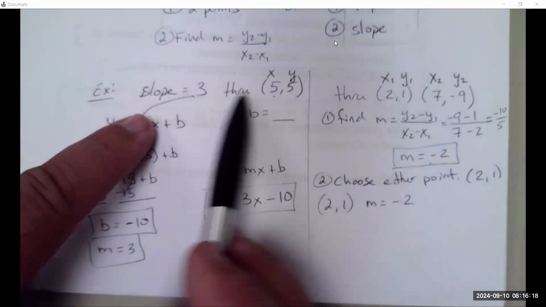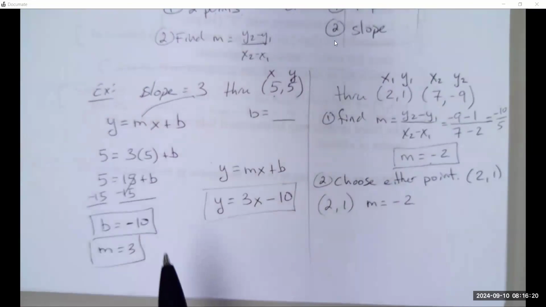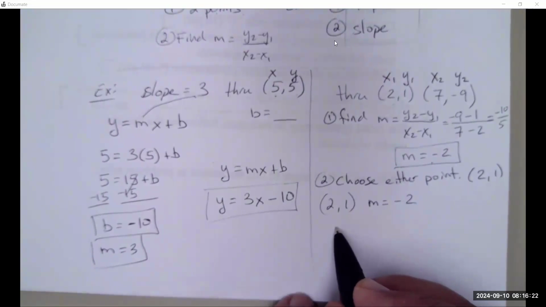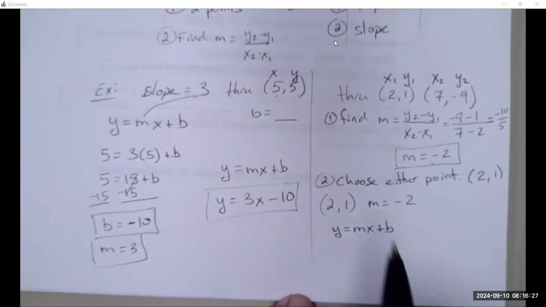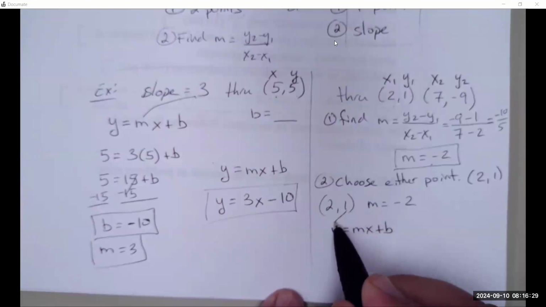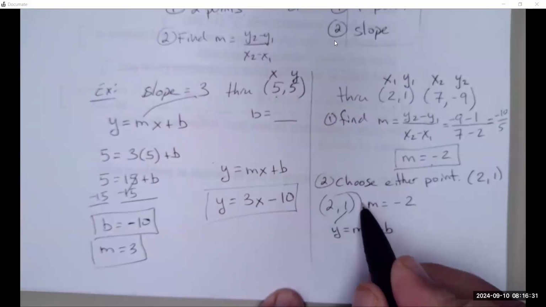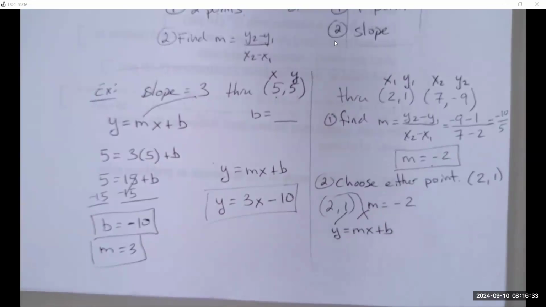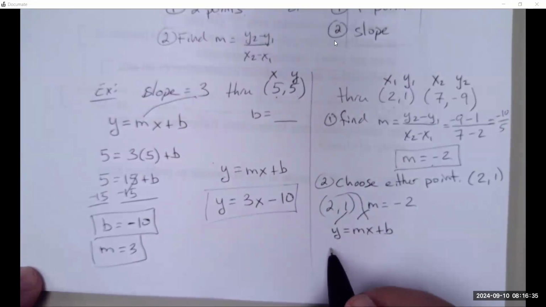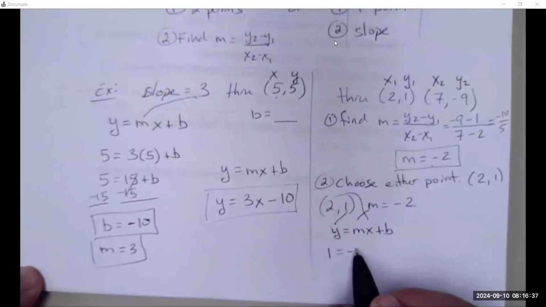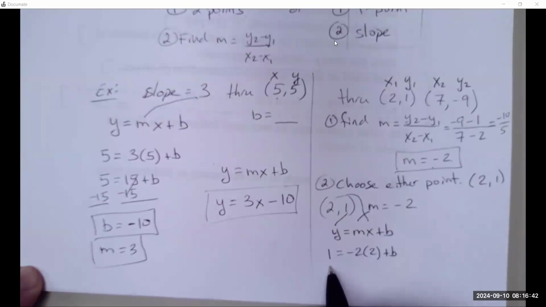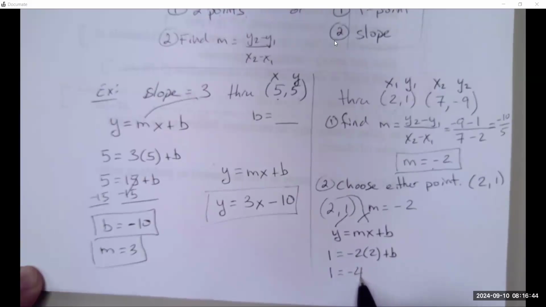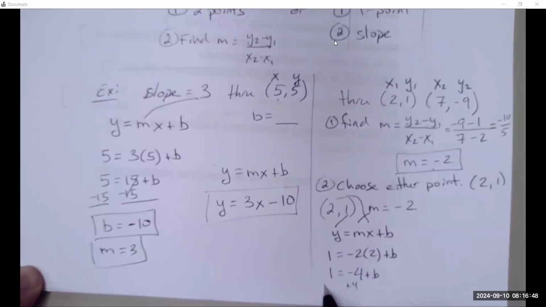So I have the point 2, 1, and I have the slope negative 2. So now that puts us back in this condition. This is my y, this is my x, and this is my m. So I have 1 equals negative 2 times 2 plus b. Add 4.